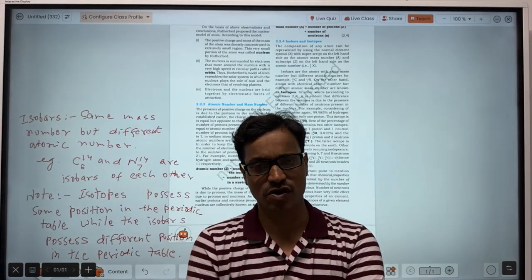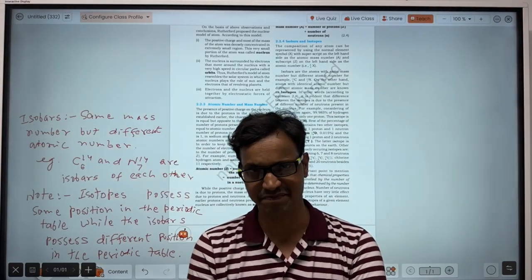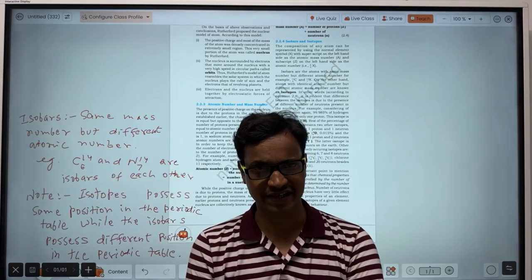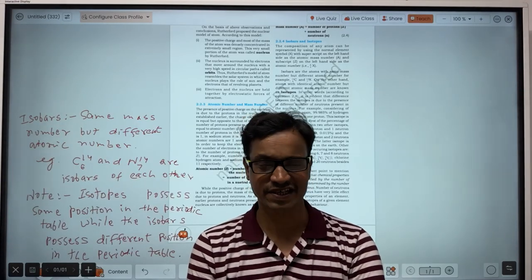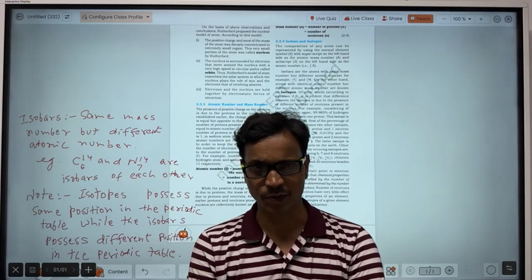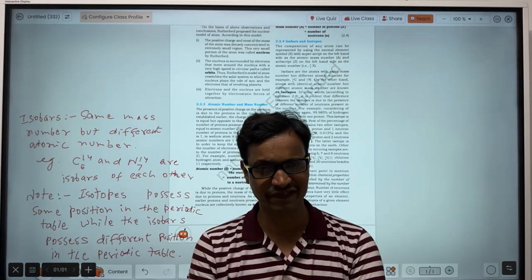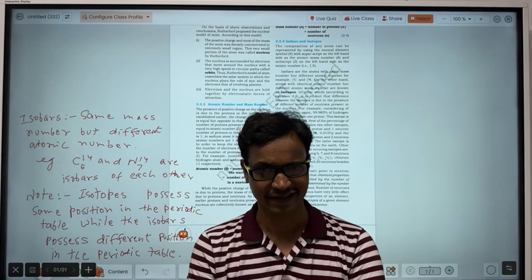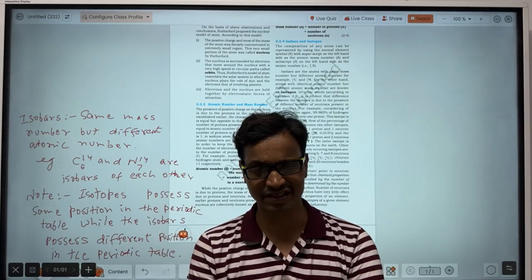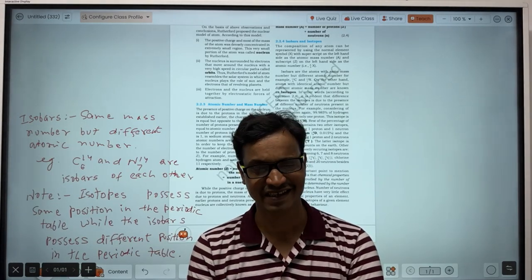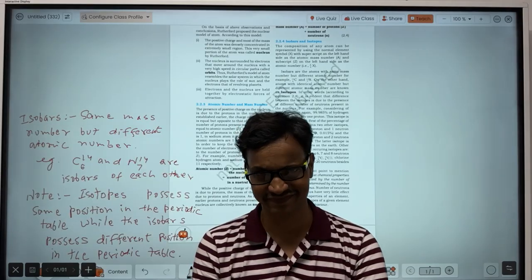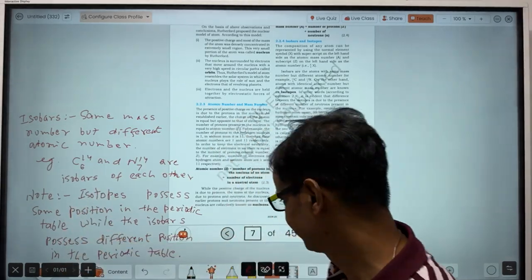Because the modern form of the periodic table is based on the atomic number. In the case of isotopes, their atomic number is the same. So despite having different mass numbers, they occupy the same position in the periodic table because their atomic numbers are the same.